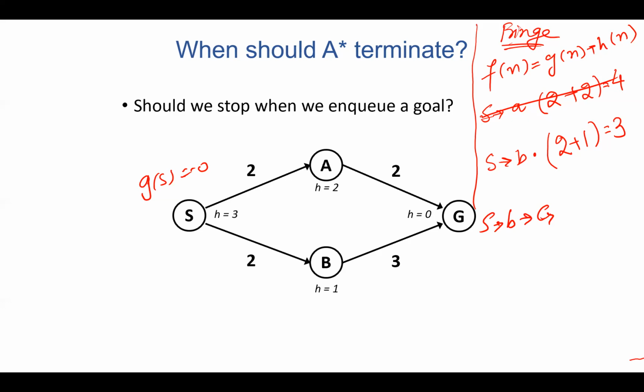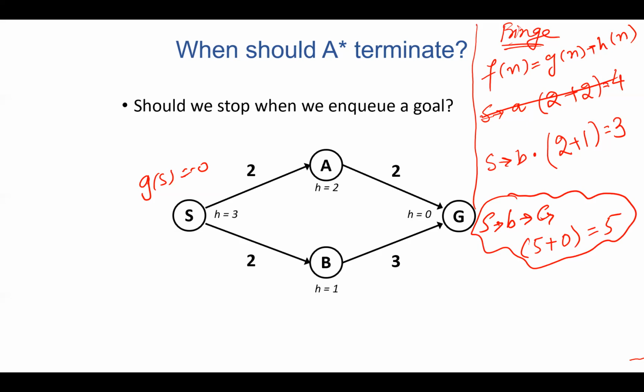Additive cost. Remember, additive cost. 5 plus, what is H of G? 0. This is 5. So right now, let's say we are going to just declare victory because we have reached the goal state. Is everything okay with what we have done?